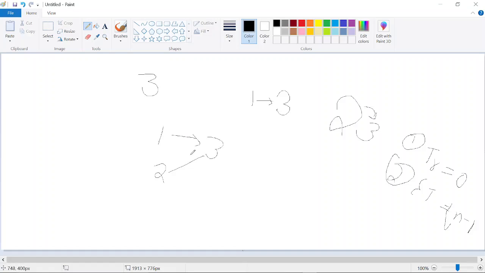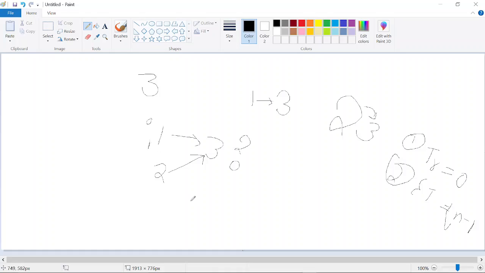If we map this using a diagram, it is a directed graph. Now let's discuss the concept of in degree and out degree. What is the in degree of 3? 2. What is the out degree of 3? 0. What is the in degree of 1? 0. What is the out degree of 1? 1.